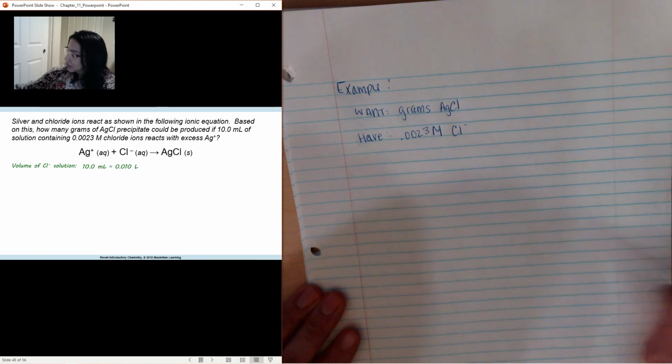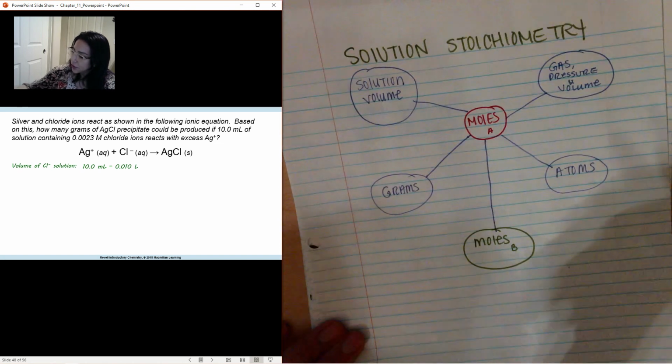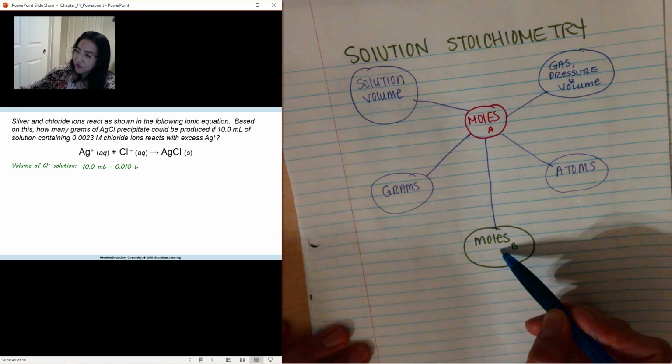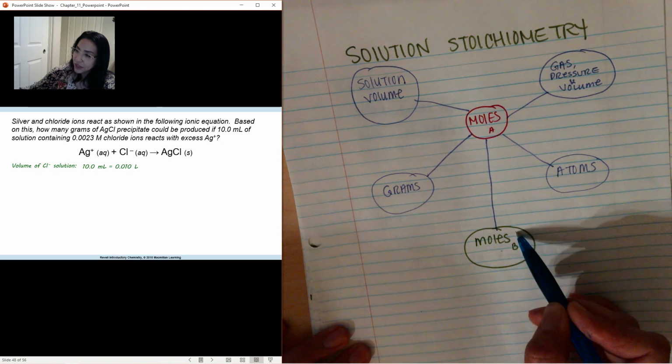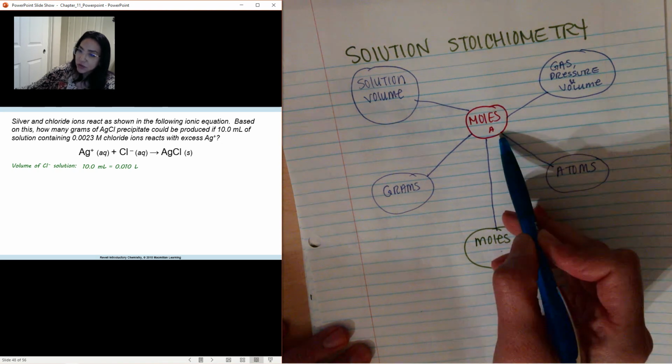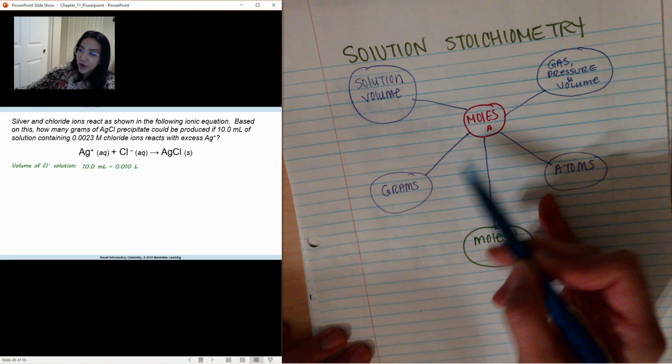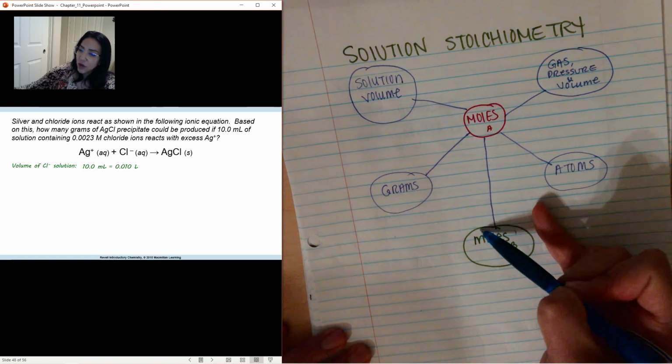Well, if we look at this chart, we have molarity of chloride ions, so that's somewhere over here, right? We have to get to moles of B so we could get to moles of A. And once we get to moles of A, then we could figure out the grams of A. So we're going to have about 3 steps, I believe.